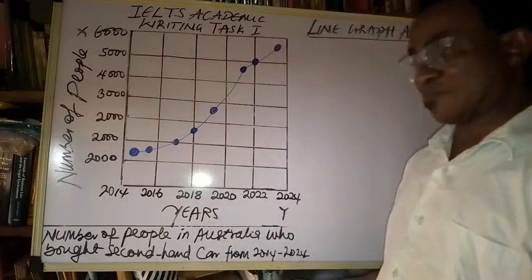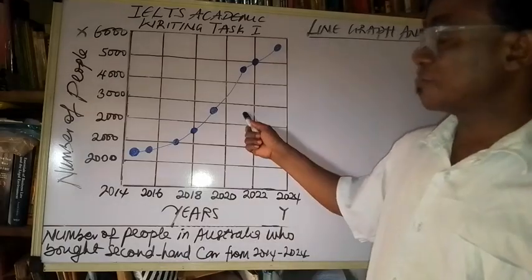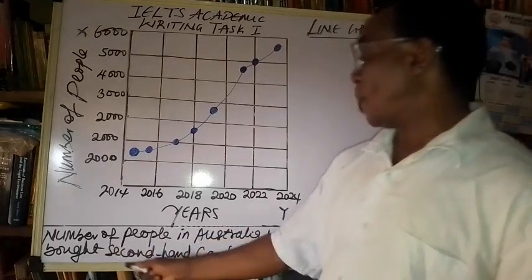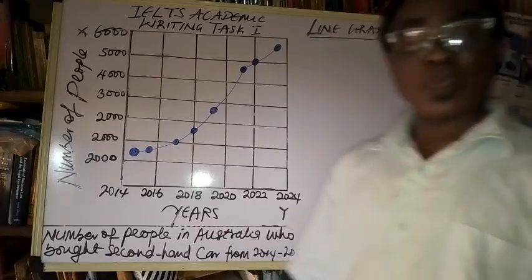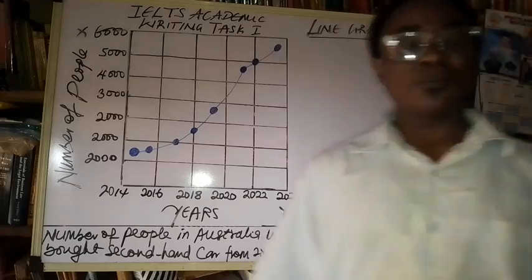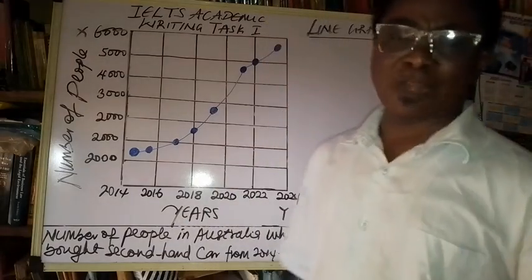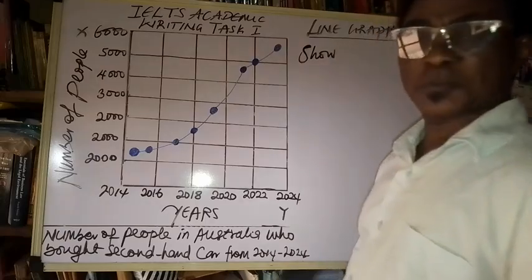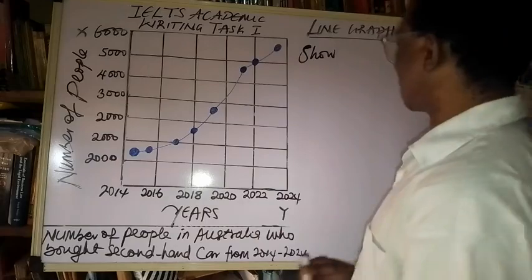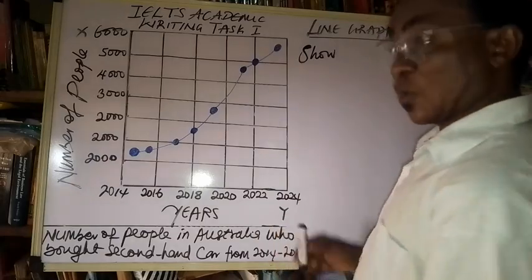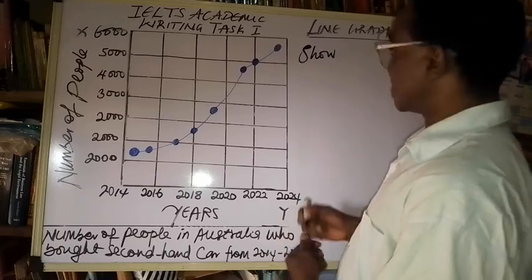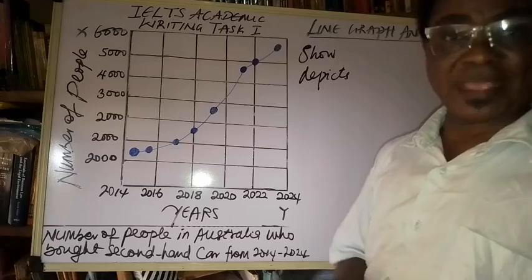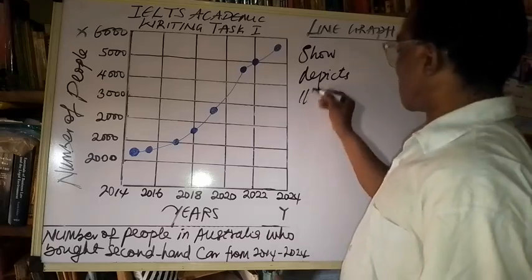Let us take a look at what we have here. This is the caption of the graph. It says, number of people in Australia who bought a second-hand car from 2014 to 2024. In the first paragraph of your analysis, you are required to use words like show. The graph shows the number.